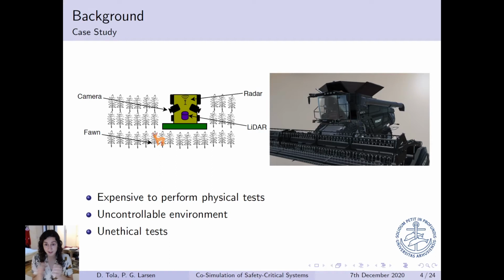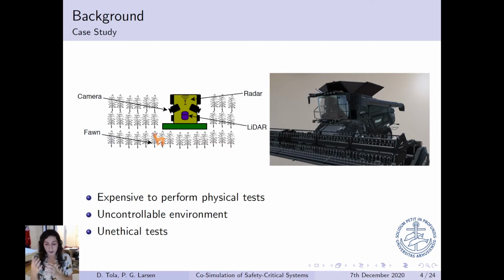So it's important to also use different kinds of sensors in order to gain as much information about the environment surrounding the combined harvester as possible, so that the system can avoid driving over these creatures. The motivation for using co-simulation for this system is that it is expensive to perform physical tests.